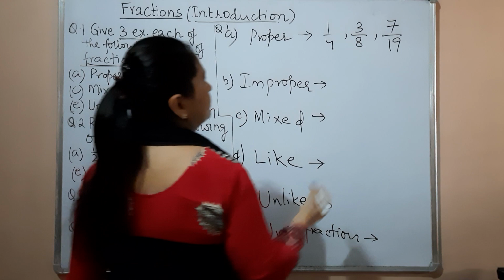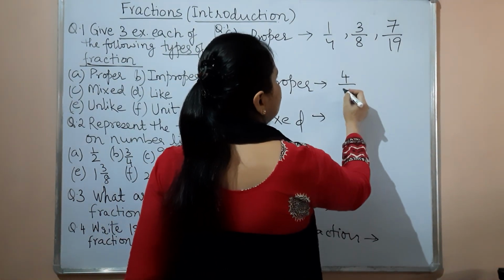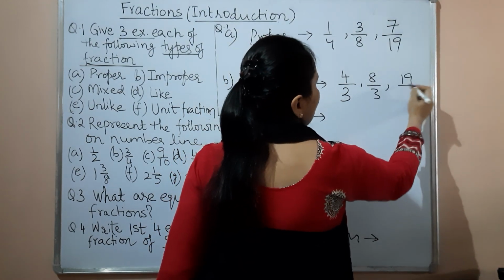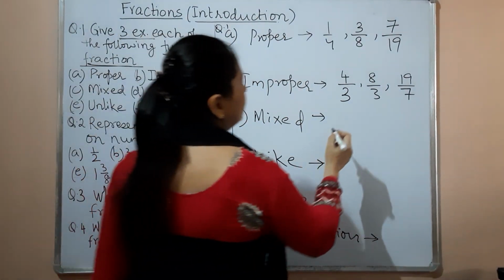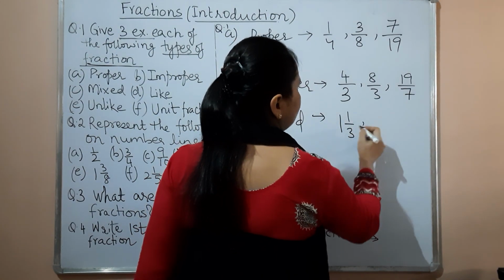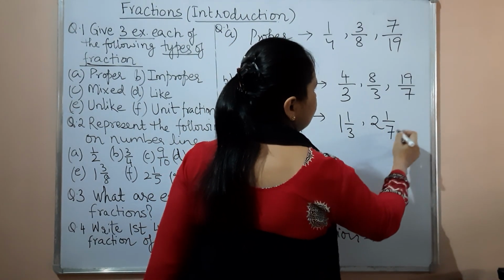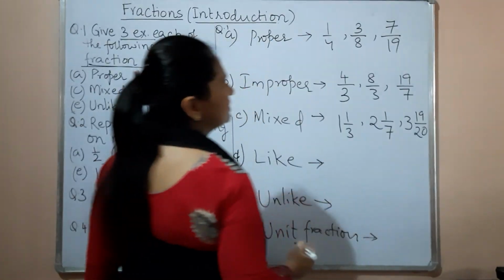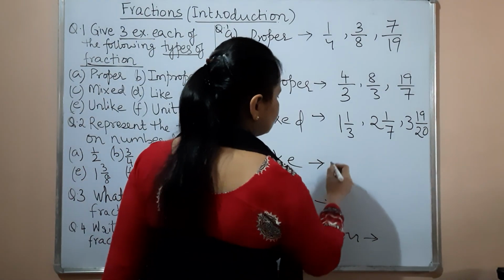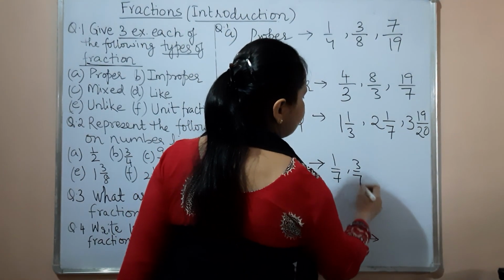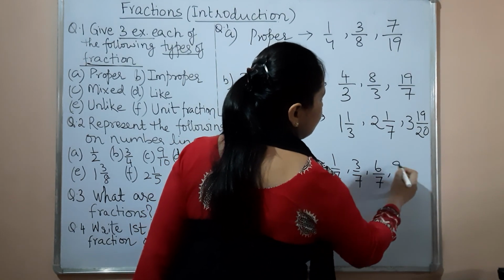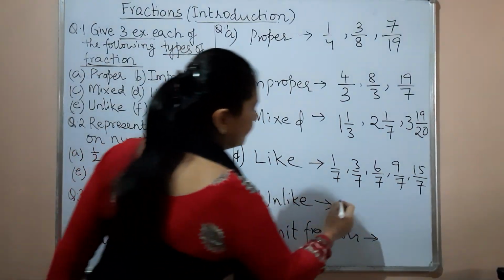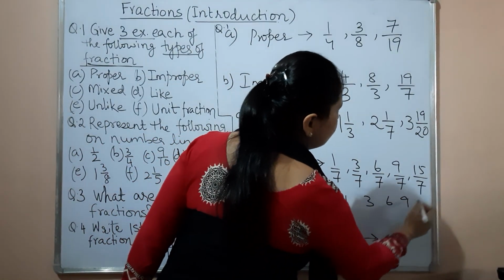These are proper fractions. Now if I write 4 upon 3, 8 upon 3, 19 upon 7, it becomes improper. If I write 1 whole 1 upon 3, 2 whole 1 upon 7, 3 whole 19 upon 20, these are mixed fractions. Like fractions: 1 upon 7, 3 upon 7, 6 upon 7, 9 upon 7, 15 upon 7, they are like fractions.